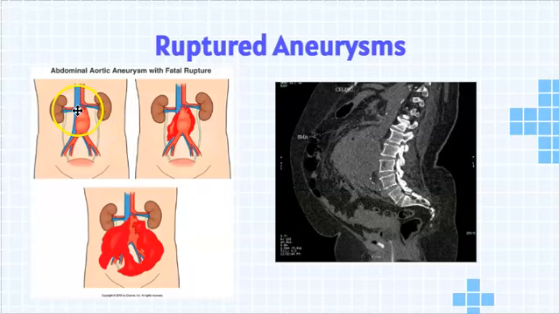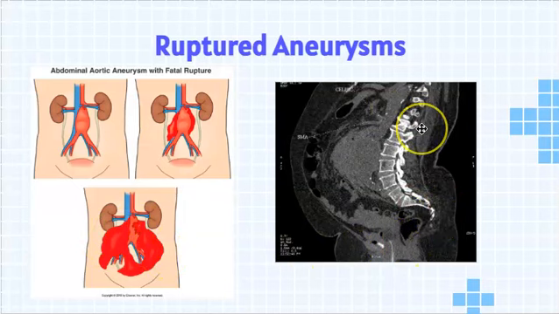So here we have our renal arteries and our aneurysm is located inferior to those. Here we can see that there's a little tear up here and that blood is starting to leak out into the abdomen. And then here would be more of our catastrophic rupture, where there's this huge rip here and a lot of blood into the abdomen.